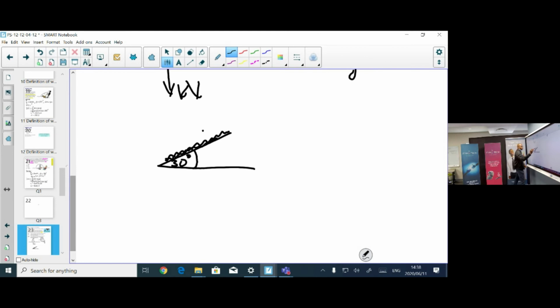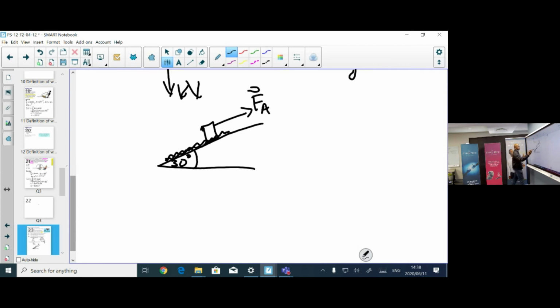We have this object somewhere here. On that object, we have this applied force, going up the hill.